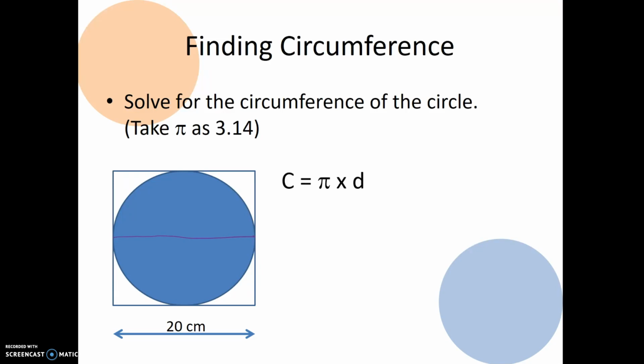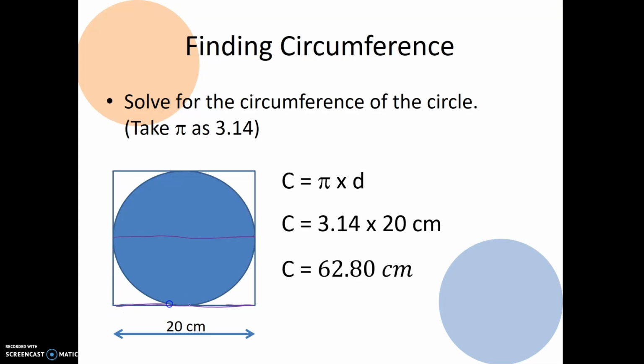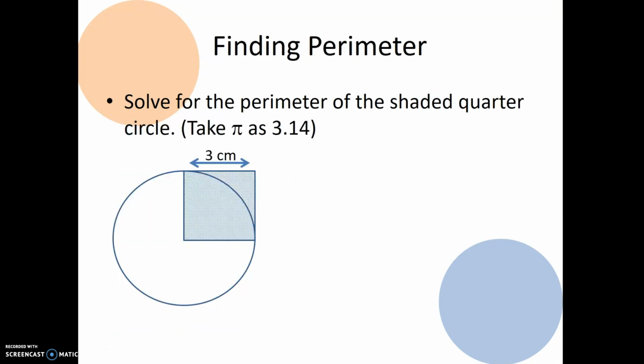So we'll write our formula, pi times diameter, and we'll use 3.14 for pi, and we're going to multiply it by 20 centimeters, and we're going to get 62.8 centimeters. Does everybody see why? You've got the edge of your square over here, and since the circle is as wide as the square, that edge is also the diameter of the circle.